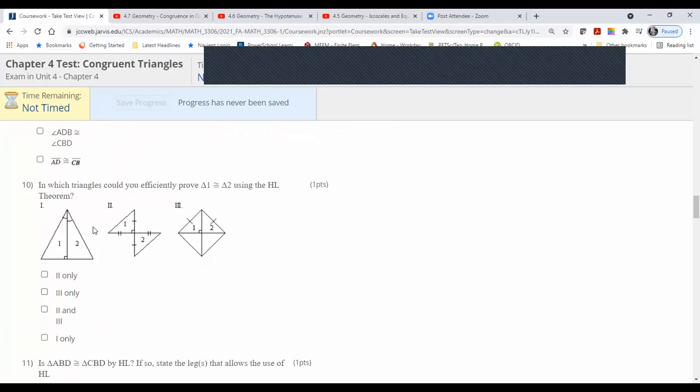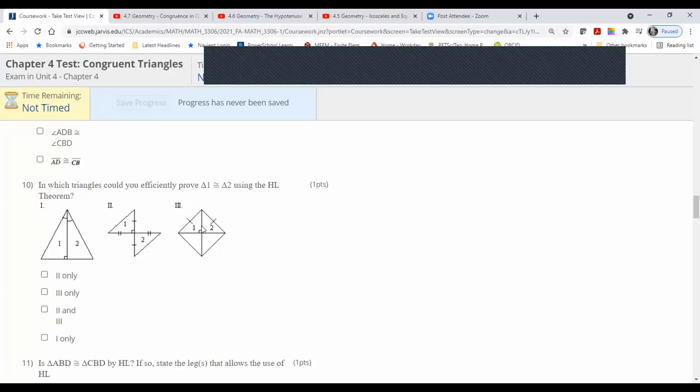Okay. In which triangle could you efficiently prove that triangle 1 is congruent with triangle 2? So this is hypotenuse leg, right? Yeah, so this is tricky, okay? Yeah, so this is the hypotenuse, right?